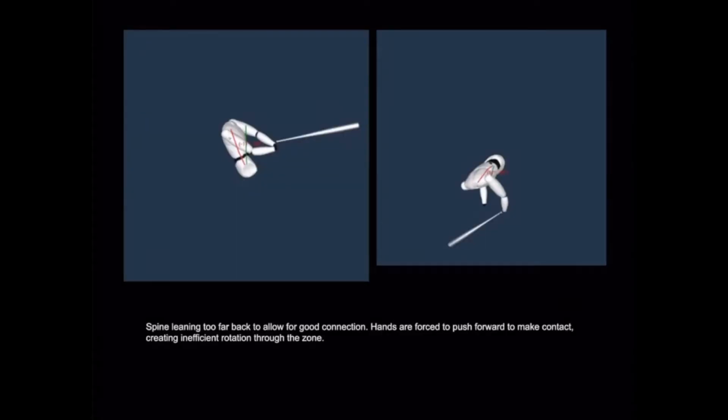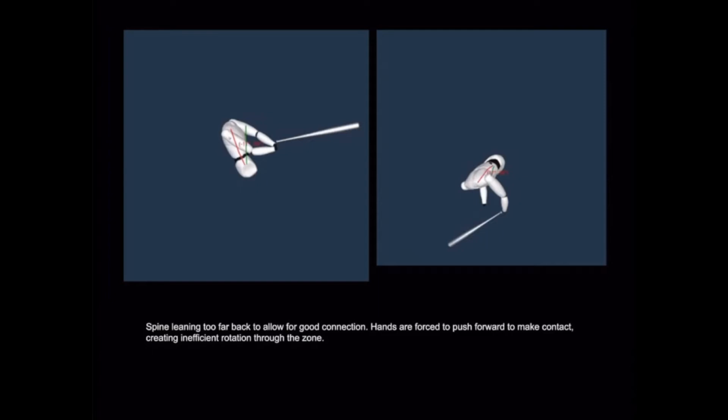This feature of our motion capture system is our spine angle tool. This shows us exactly the angle of the spine as it rotates through the hitting zone. You can see our player tends to lean back towards the catcher as he rotates through the zone. The green line is the line that marks the starting position of the spine.